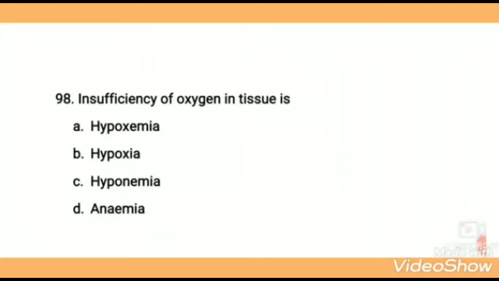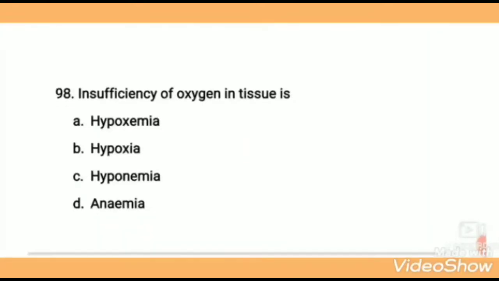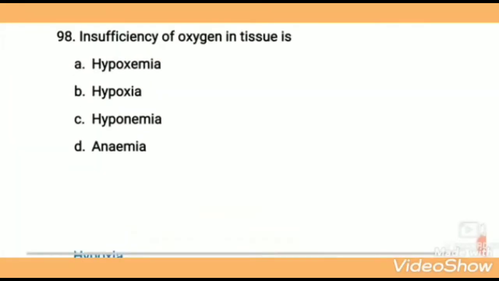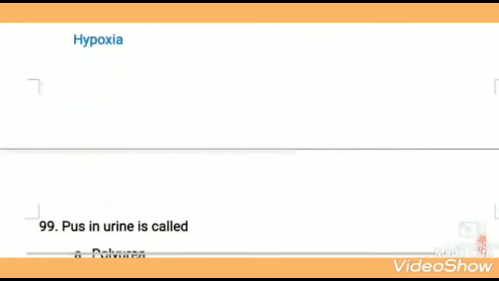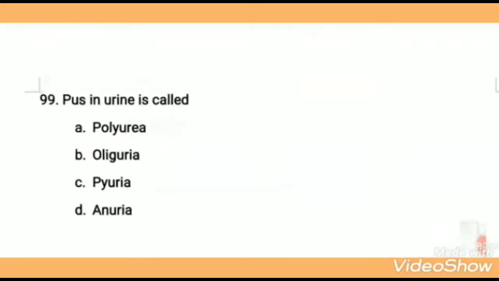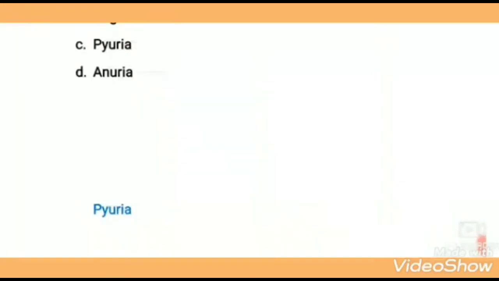The correct answer, insufficiency of oxygen in tissue is hypoxia. Next question. Pus in urine is called polyuria, oliguria, pyuria, or anuria. The correct answer, pus in urine is called pyuria. Next question.